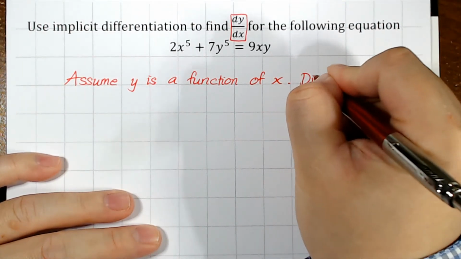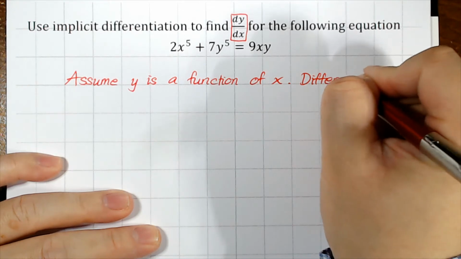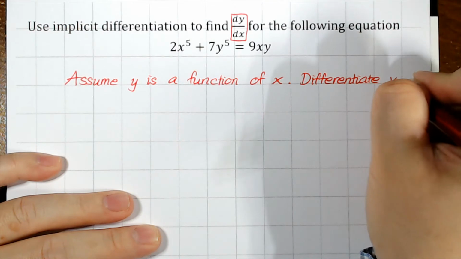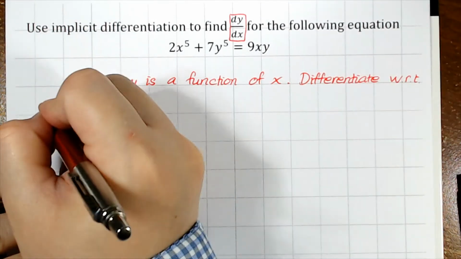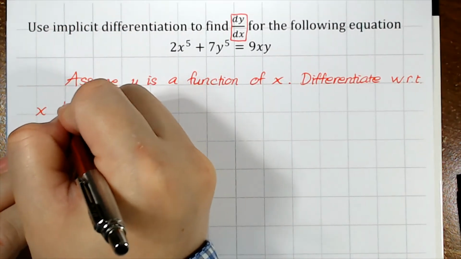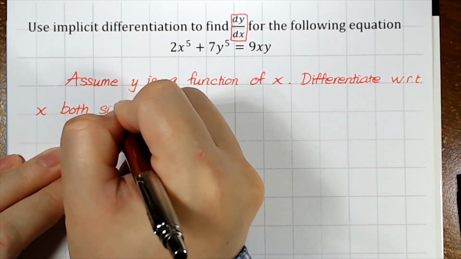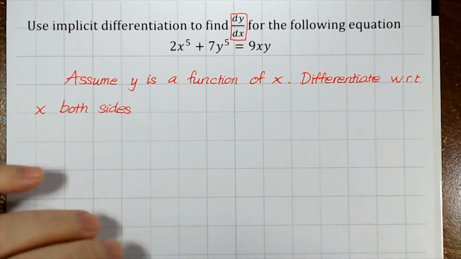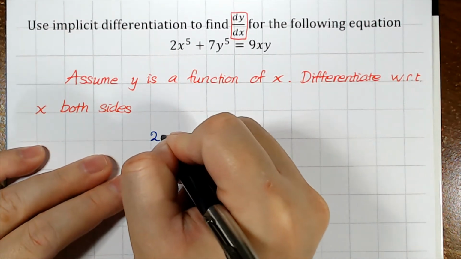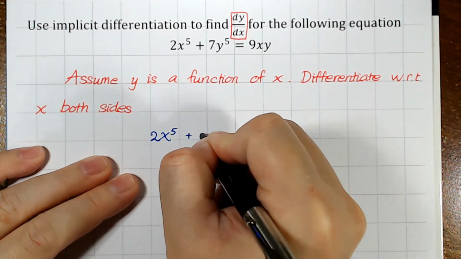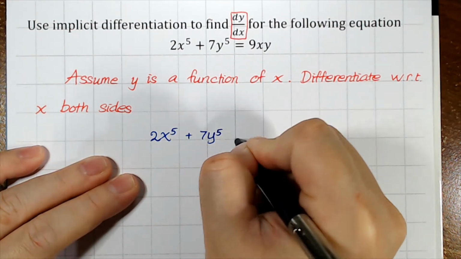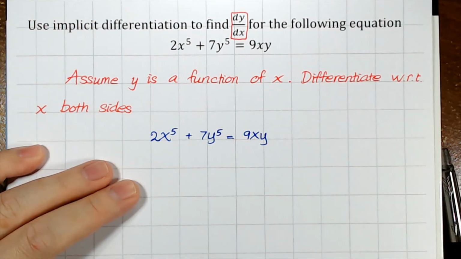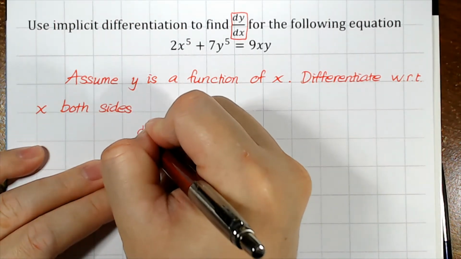So we will differentiate with respect to x on both sides. So we take the derivative with respect to x on both sides.